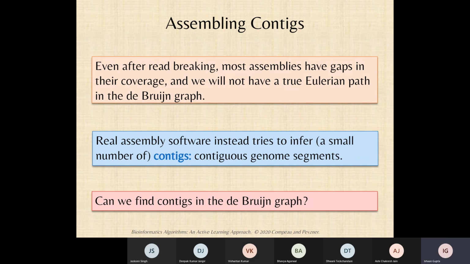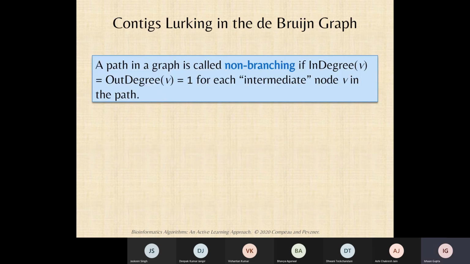Do you think we can find contigs using a De Bruijn graph? Any ideas? Let's try. When you talk about contigs in a De Bruijn graph, you have to define a contig. A contig is a path in a graph which is non-branching, so the in degree and out degree is 1 for each intermediate node.